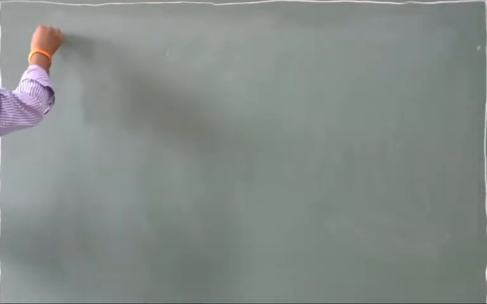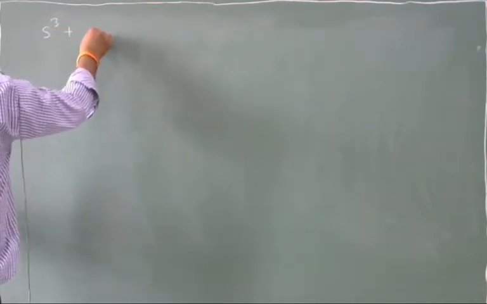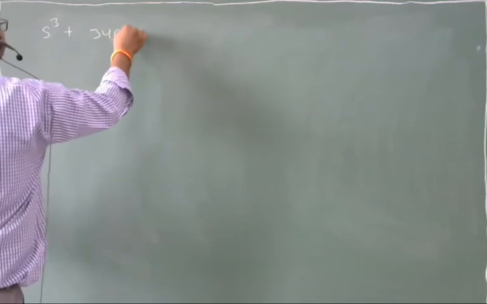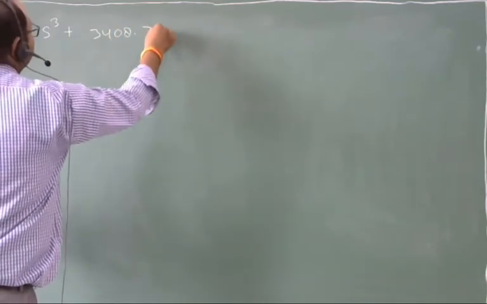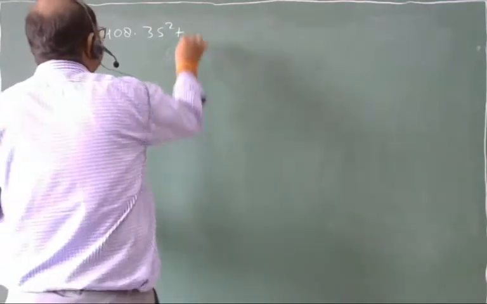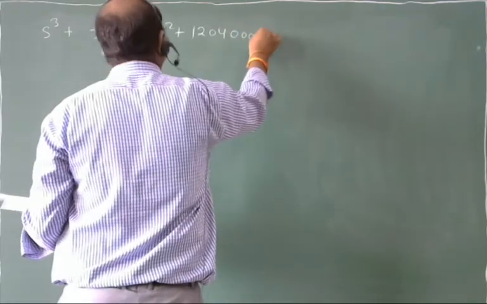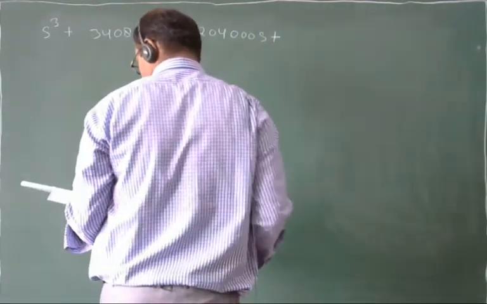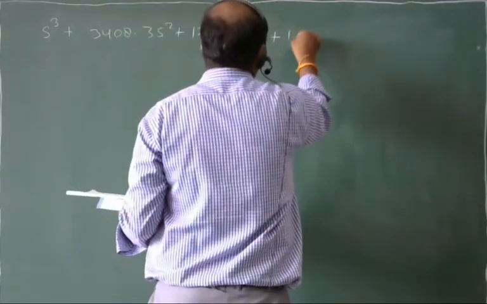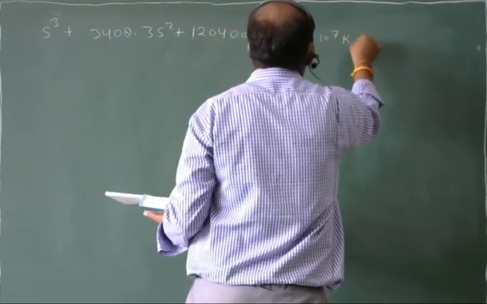For example, consider a characteristic equation S cube plus 3408.3 S square plus 1204000 S plus 1.5 into 10 raised to 7 K is equal to 0.